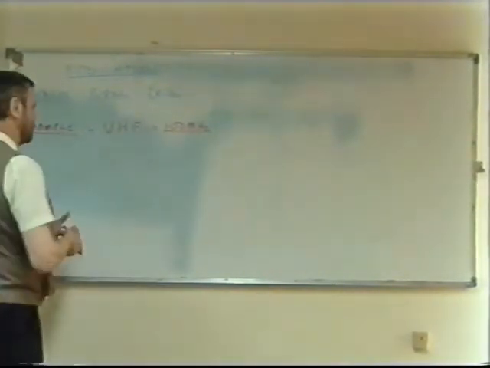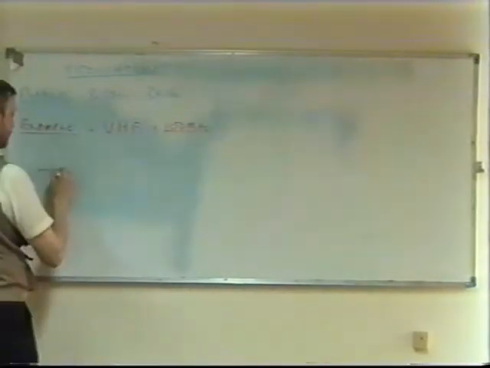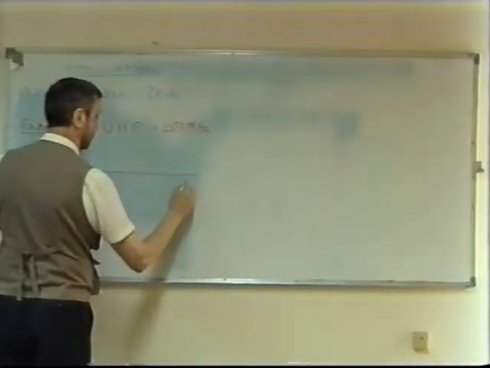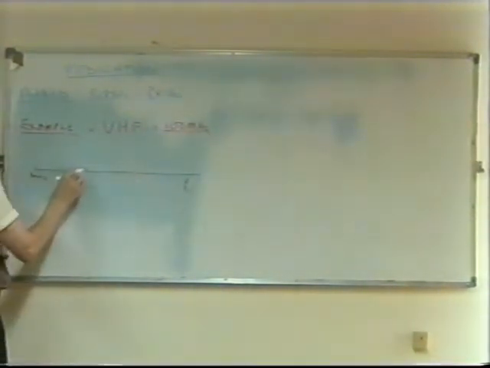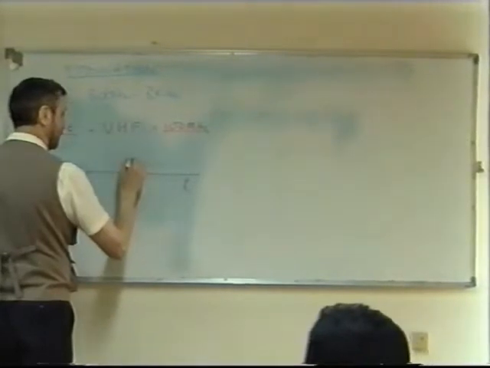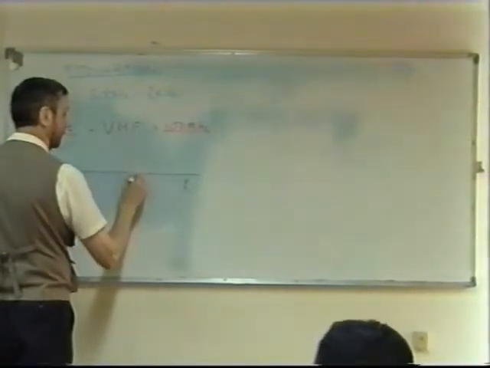If I was to draw this as a frequency spectrum, this is our frequency spectrum here. Down here we have the audio frequencies, and as we go higher and higher, we get higher and higher radio frequencies. Eventually we'll reach a frequency of about 100 megahertz.